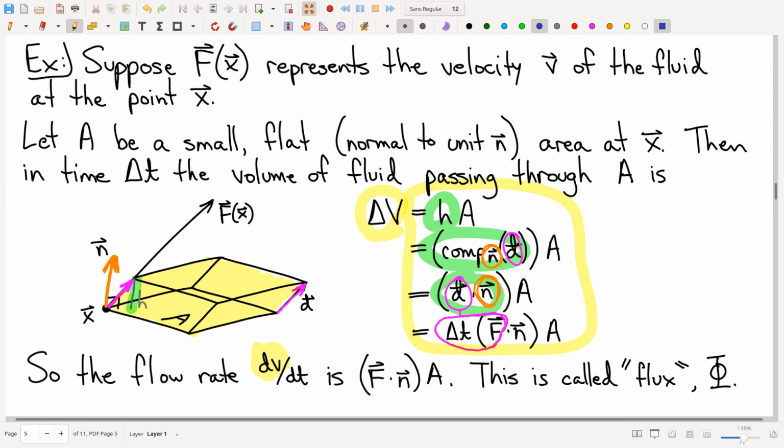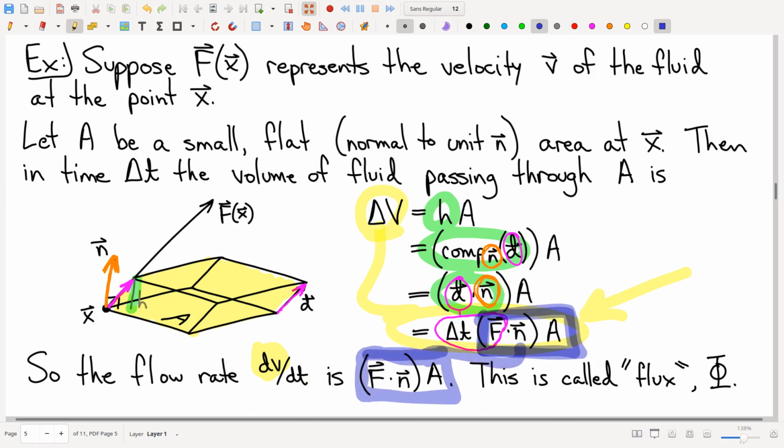There are a bunch of other little details in here. Ultimately, looking at this formula for delta V and then dividing by delta t, what you find is left over is just this expression right here, and this computes our flow rate, volume per unit time.